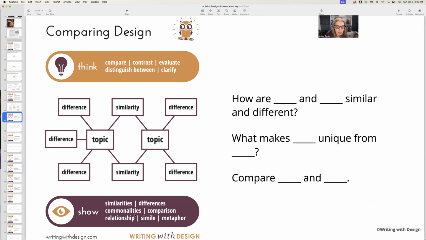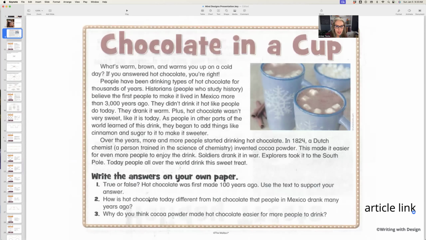And certainly if we see any of these keywords of similarities or differences, that's going to clue us into this. So if we go back up here to chocolate in a cup, that pops out in question number 2. How is hot chocolate today different from hot chocolate that people in Mexico drank many years ago? So let's do that. Let's compare.